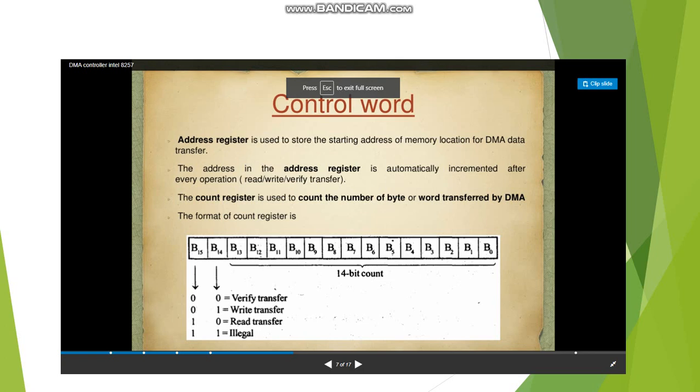This is the control word of the count register, shown from B0 to B15, a 16-bit register. 14 bits are used for data, and these 2 bits show which operation has to be performed. If the value of these 2 bits is 00, it is verify transfer, 01 write transfer, 10 read transfer, and 11 is illegal.